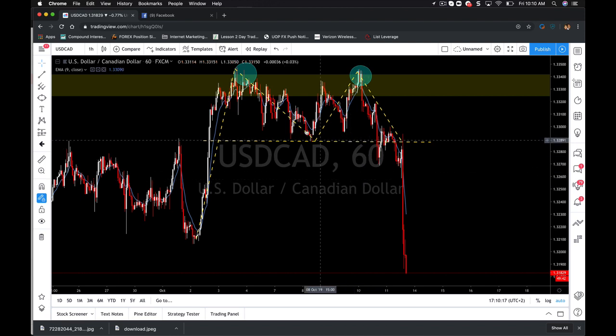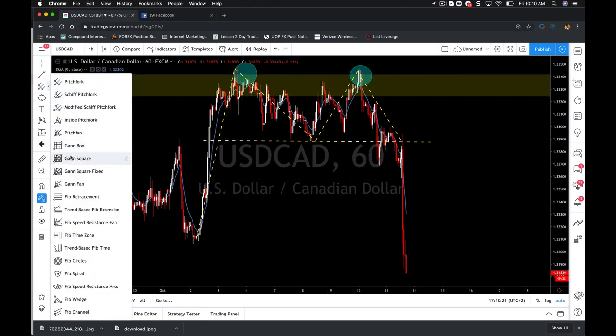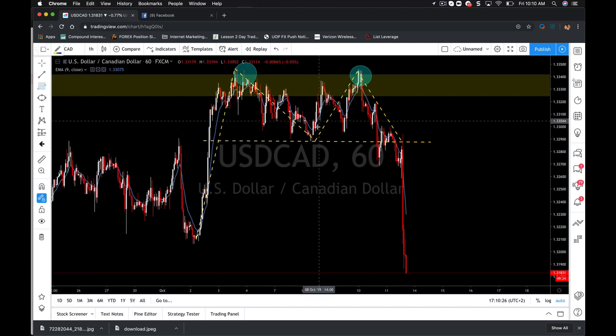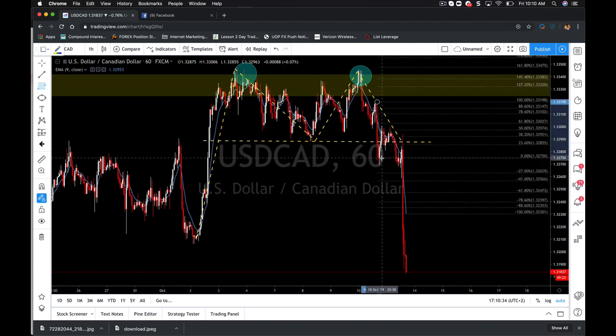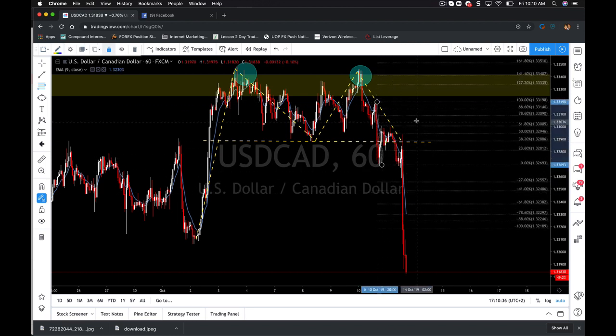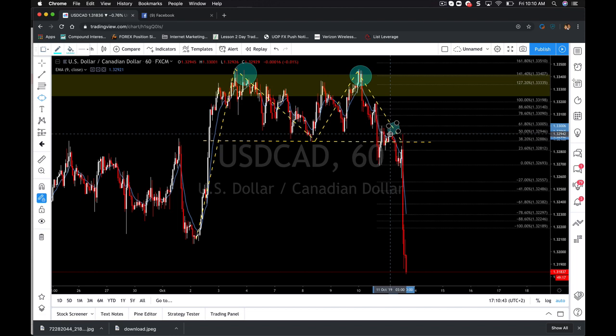All right, so another way that you can get in, which is what I do sometimes as well, is whenever the M pattern forms, I wait for the impulse, and then we're just going to do it from here to here. You get a correction, and if you look closely here, right in this area, that is a 61.8 correction, and then you get the drop.